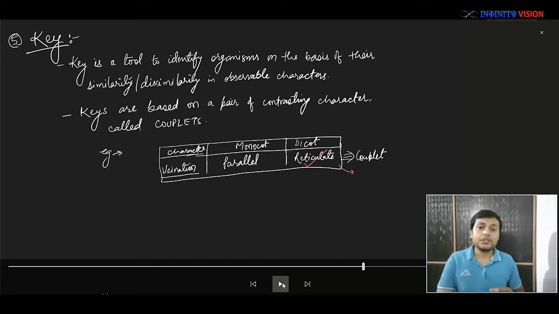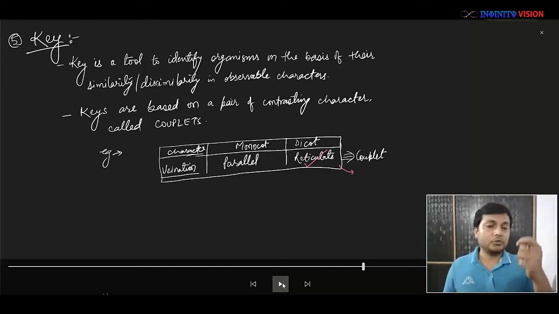Now, suppose you have a plant, and you pluck a leaf, or you see the leaf of this plant and you find the venation is reticulate type. So obviously in this list or in this document, what will you do? You will tick the reticulate, or you will pick the reticulate.